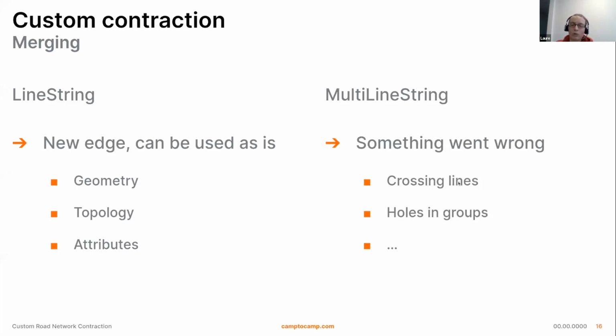Maybe at some point we should work with 3D data, but it's not the case yet. And also, we might have holes in groups because the group by attributes is done after the geometrical grouping, and sometimes the attributes will change along a line. We will see that also in the demo.